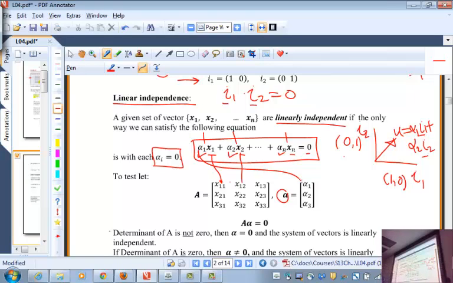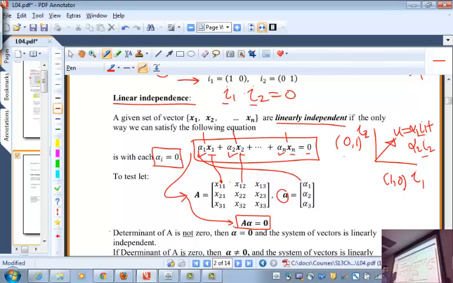Then you can write that particular equation in vector matrix form as A times alpha equal to 0. You can figure that out, because you will have x11 times alpha 1 plus x12 times alpha 2 plus x13 times alpha 3. And that's what you will get when you expand this after you substitute. Okay? So there are actually n equations there in component form.